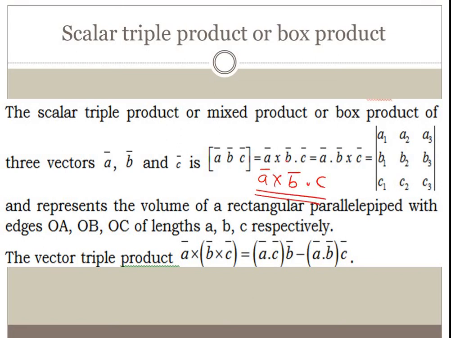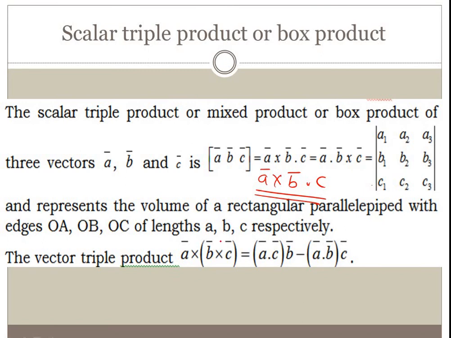It is also defined as the determinant of A1, A2, A3, B1, B2, B3, C1, C2, C3, and this box product represents the volume of a rectangular parallelepiped with edges OA, OB, OC of lengths a, b, c respectively. So the box product is nothing but the volume of the parallelepiped.